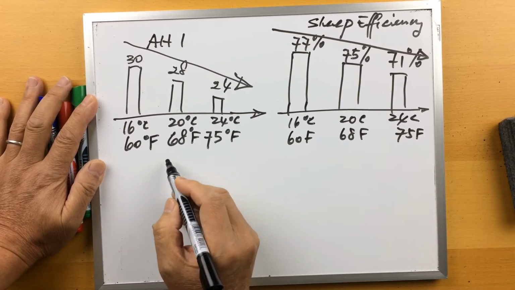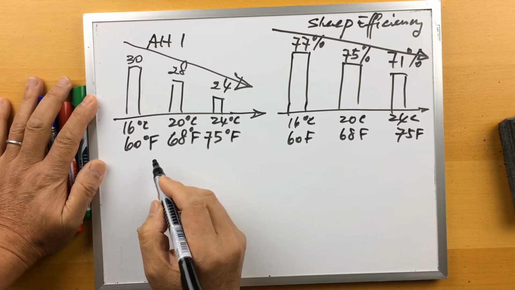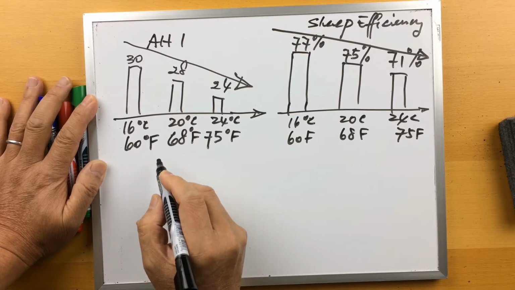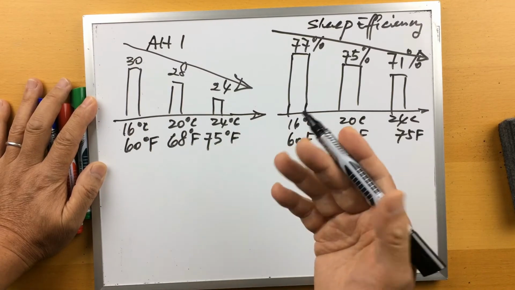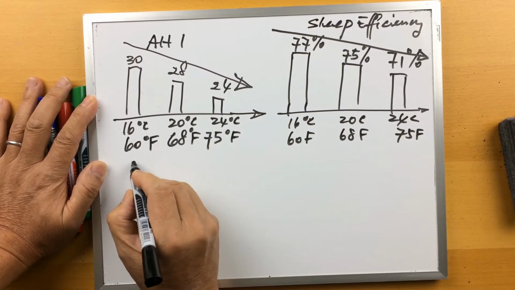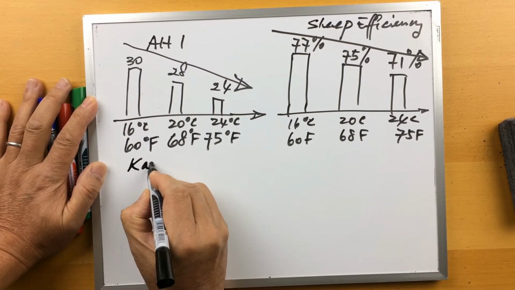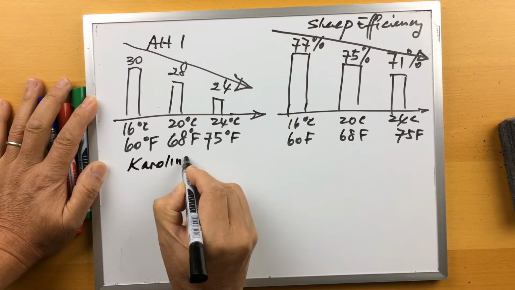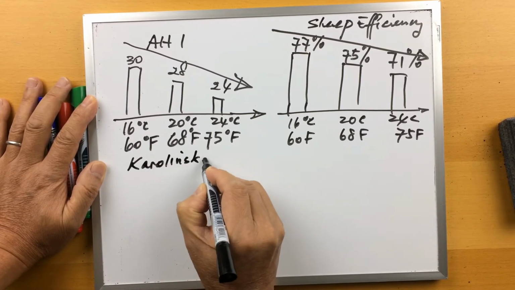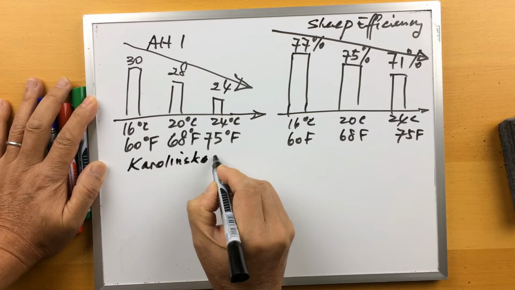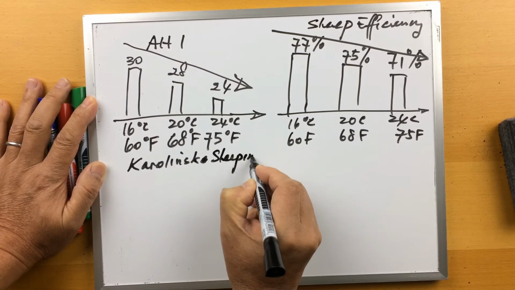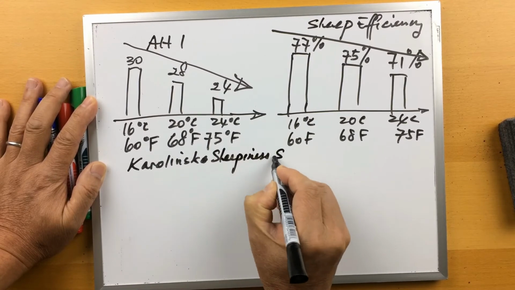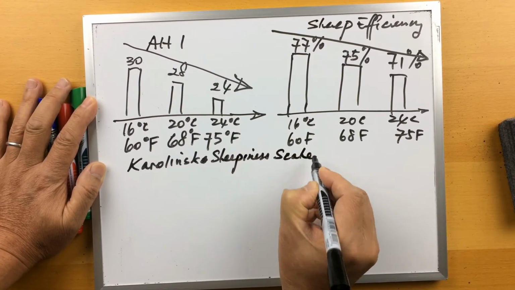Now, then they also did an observation of the morning alertness. They used a scale called the Karolinska sleepiness scale.